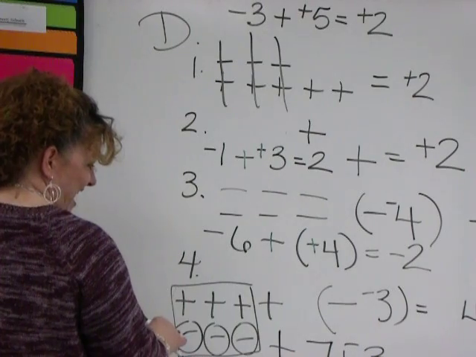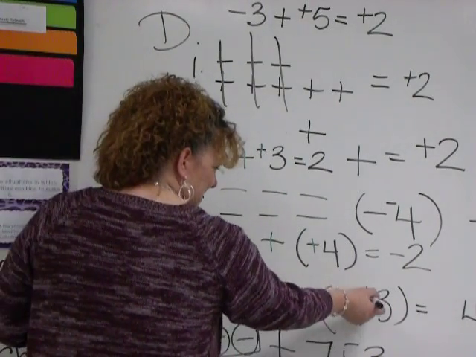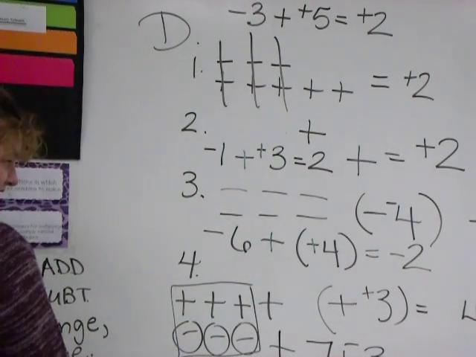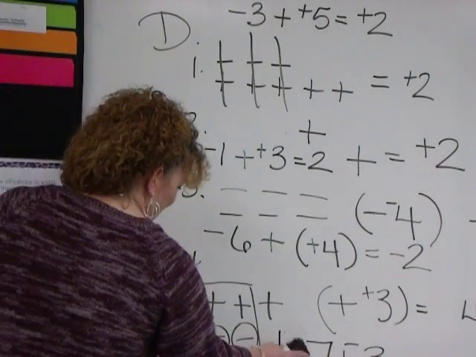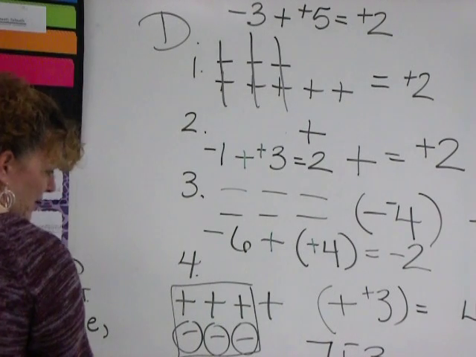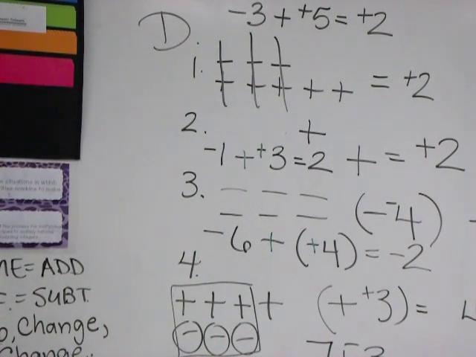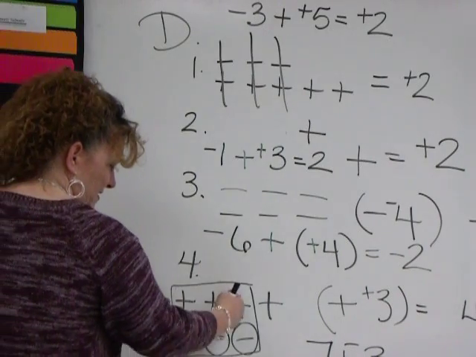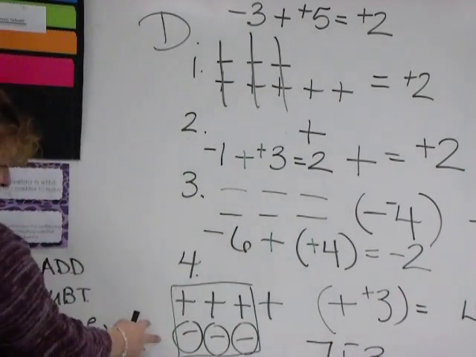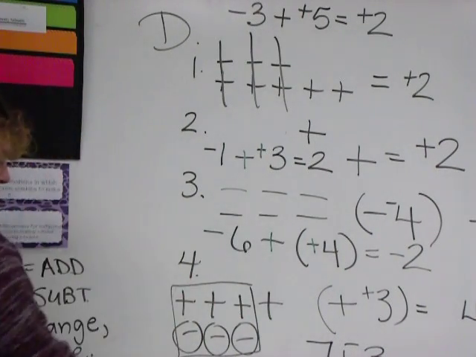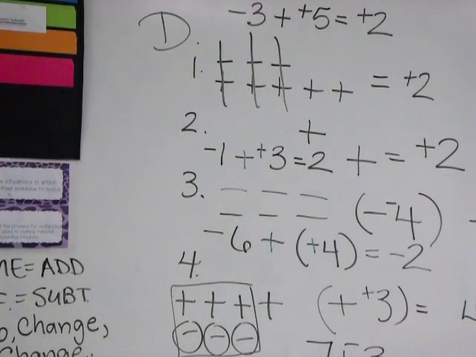So I'd have to have, it's the same as adding +3 and ending up with +4. So I'd have to have that 1 to begin with. And then add the 0 pairs to be able to take away the 3 to end up with the 1, because those 3 0 pairs would come out.